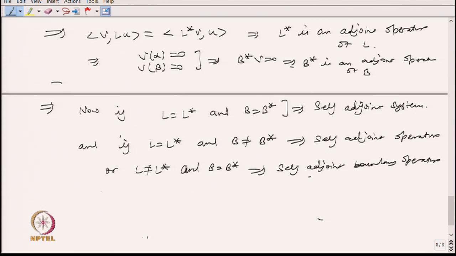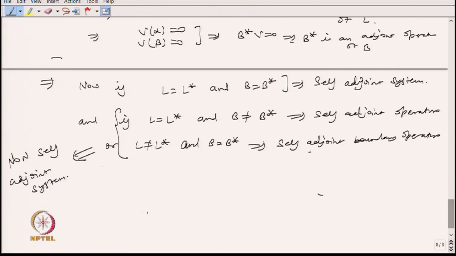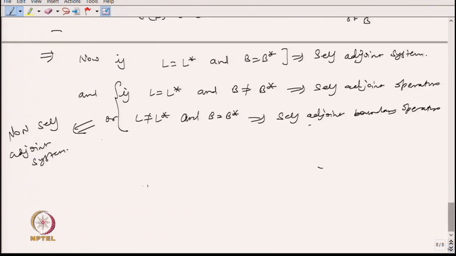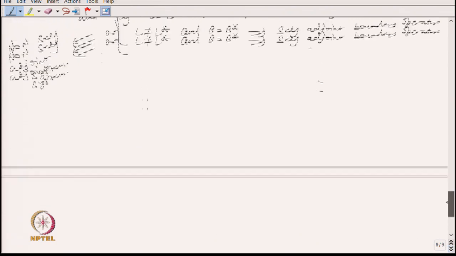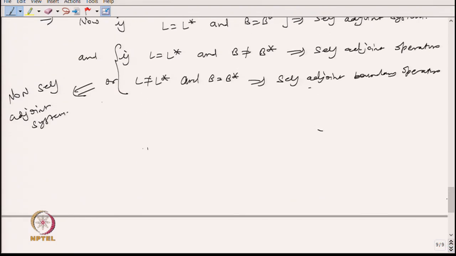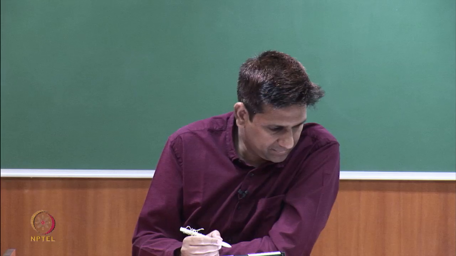But in both cases, this is a non self adjoint system. So, it is not an adjoint system. So, by using this we are able to define the adjoint operator for any linear differential operator.